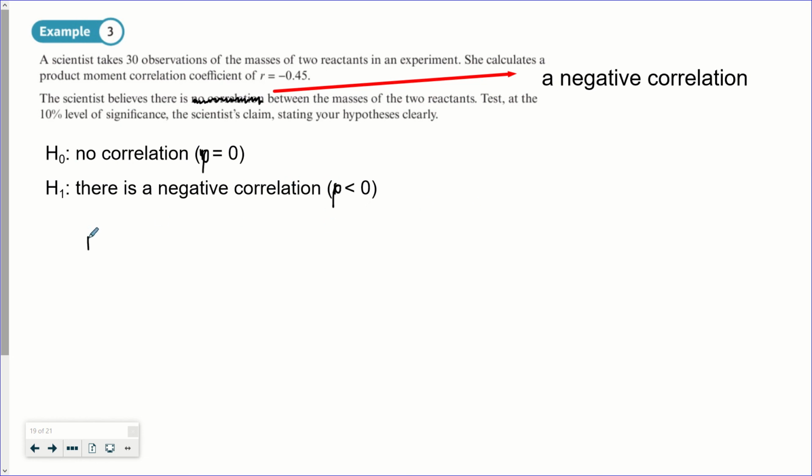So let's draw out our diagram again of the scale of correlation from minus 1 up to 1, and in the middle we've still got no correlation, and on the right we've got a strong positive, and on the left we've got a strong negative correlation. So we've still got R equals minus 0.45.